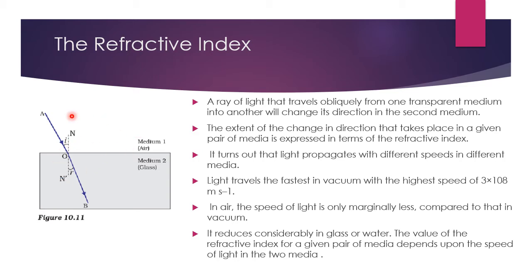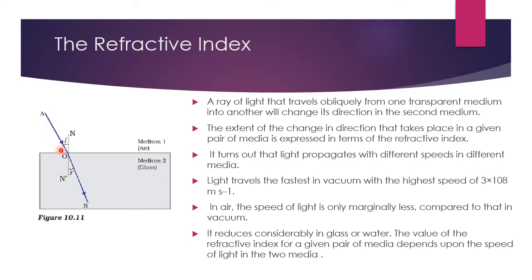Now all of you are familiar with this. Medium 1 is air, medium 2 is glass. This is a glass slab. The ray of light travels obliquely from one transparent medium into another. Air is a transparent medium, glass is also a transparent medium. So when this ray of light enters from one transparent medium to the other, it will change its direction in the second medium.